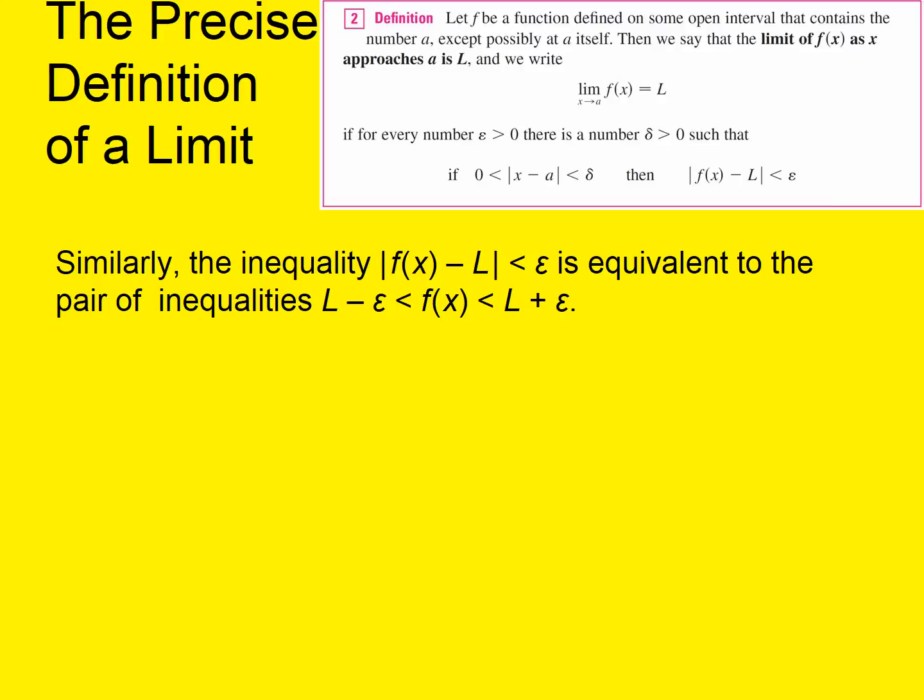Similarly, the inequality absolute f of x minus L is less than epsilon can be written as a compound inequality: L minus epsilon less than f of x less than L plus epsilon. So that clause in the definition you could rewrite, if you prefer, as L minus epsilon less than f of x less than L plus epsilon.